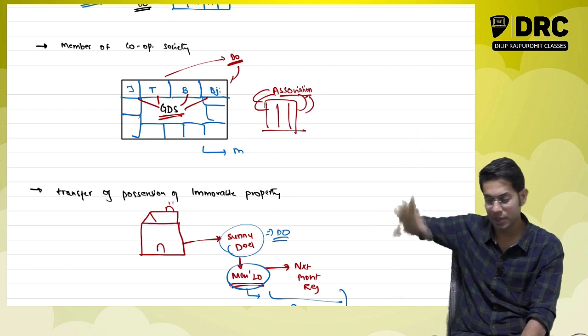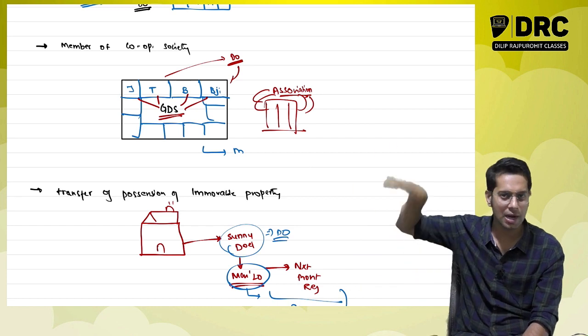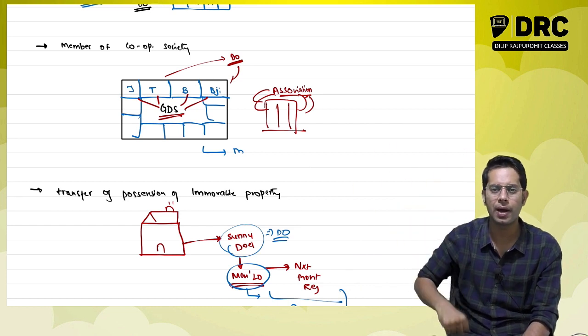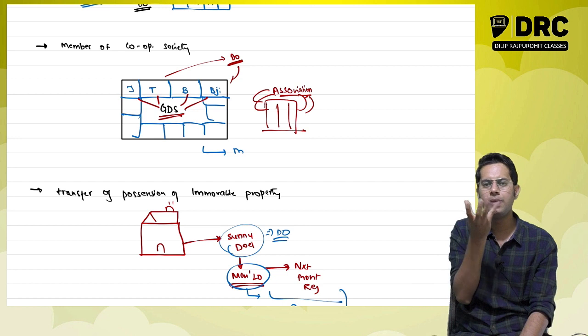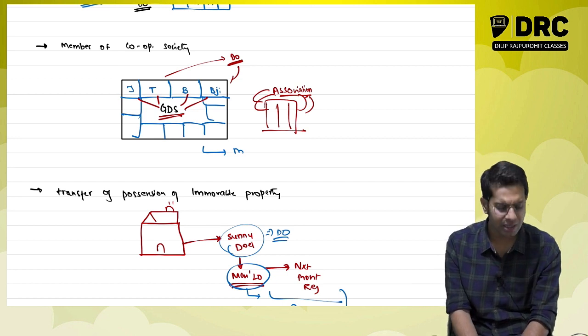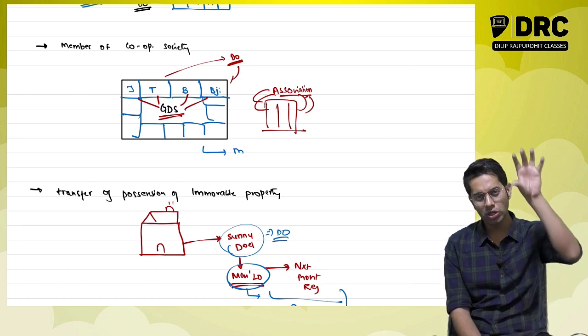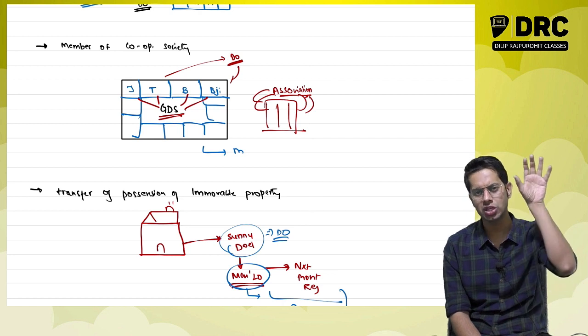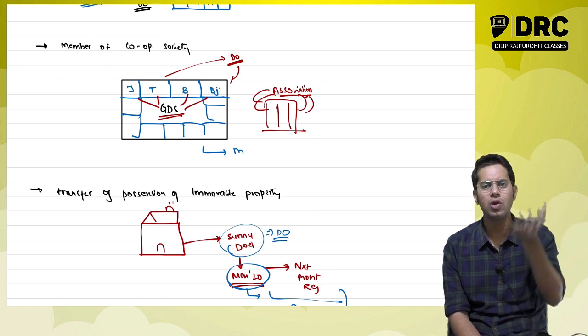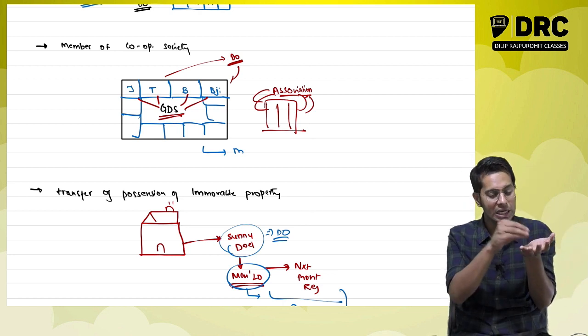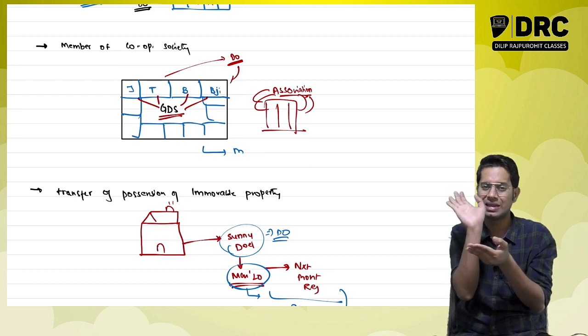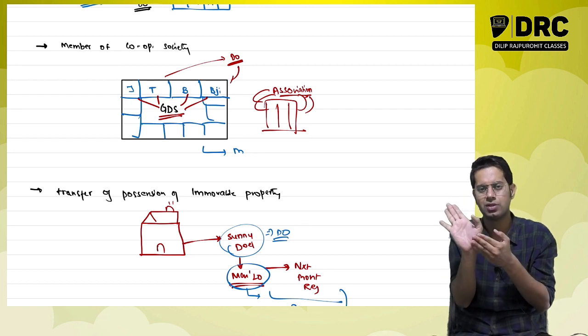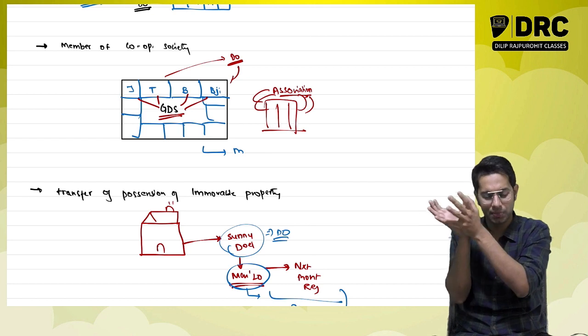But if you speak about the land completely, the apartment as a whole, the owner will be the association. So though the cooperative society or the association is the owner of this particular building as a whole, individual owners will get their own membership certificate or share.